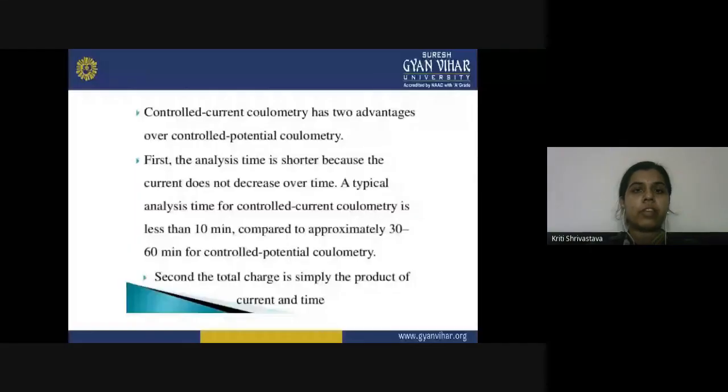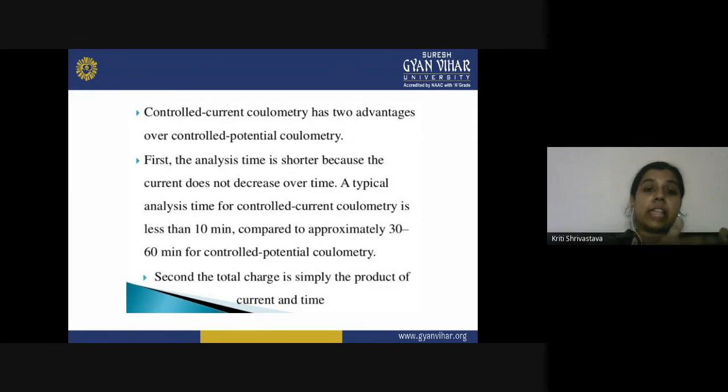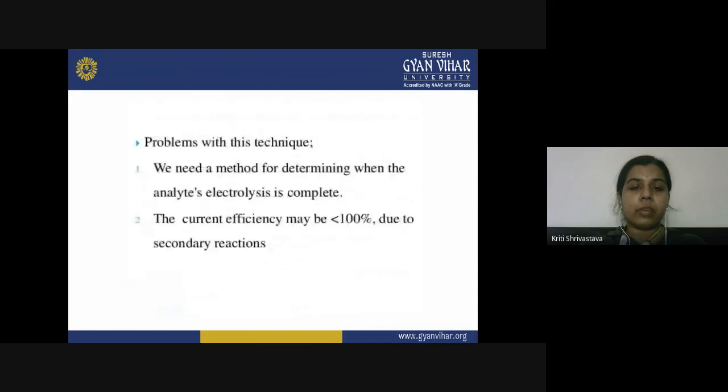Because you are constantly providing the same current, the exhaustive electrolysis will be completed soon. The typical analysis time for controlled current coulometry is less than 10 minutes as compared to 30 to 60 minutes for controlled potential coulometry. The second advantage is the total charge is simply the product of current and time. So the calculations are really easy in this case.